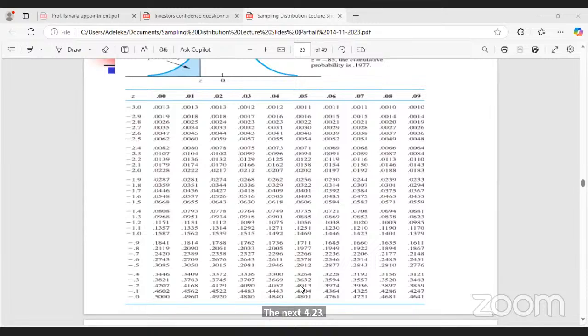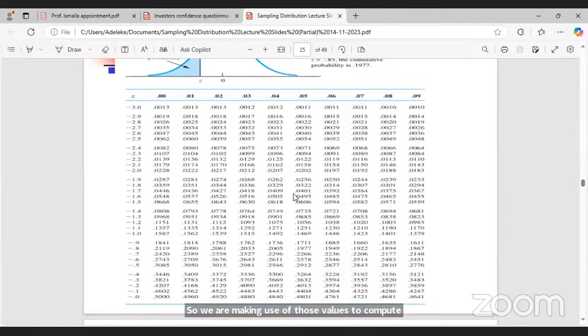And then if you are interested in the values for minus 0.25, what you will have there will be 0.4012. So the value of the integration has already been compiled in the table. So we are making use of those values to compute probabilities.